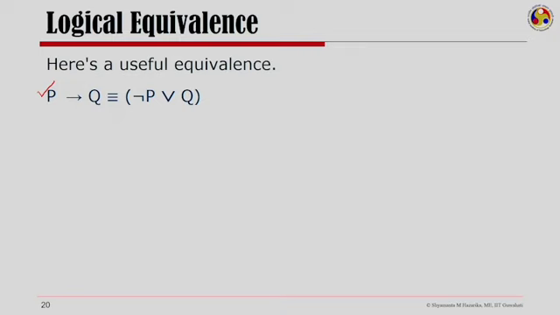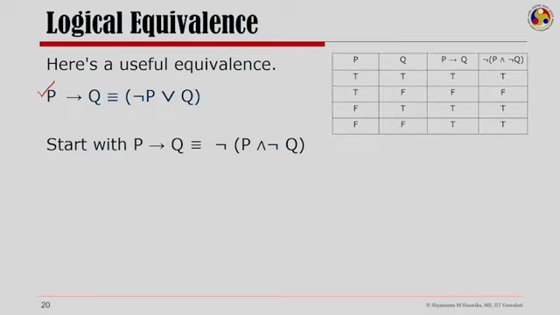Let us try to establish that by starting from the implication. So, we start with the implication, and by definition, if we look at the truth table of implication, we see that implication is equivalent to not of (P and not Q).